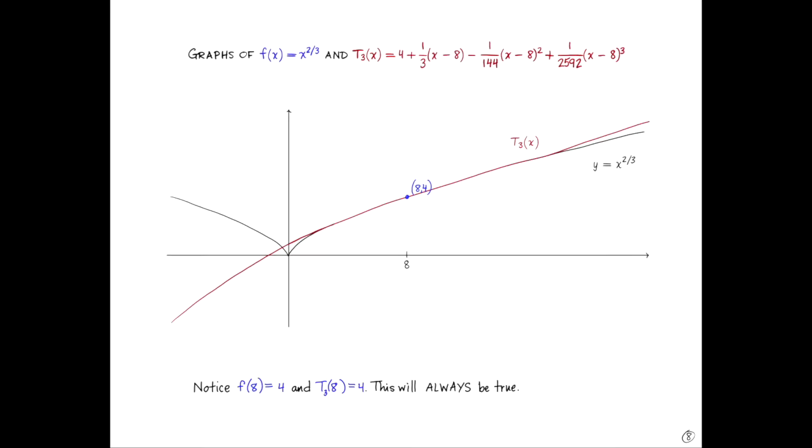This will always be true, so it's a nice, easy way to check your work as well. That also means that when x is near 8, we have a pretty good approximation. If we wanted the approximation to be accurate near some other x value, we would want to use the table method, centering it at that x value. This example worked out fairly easily using the table method. Let's try another one.